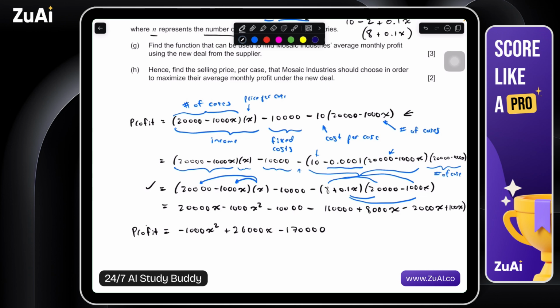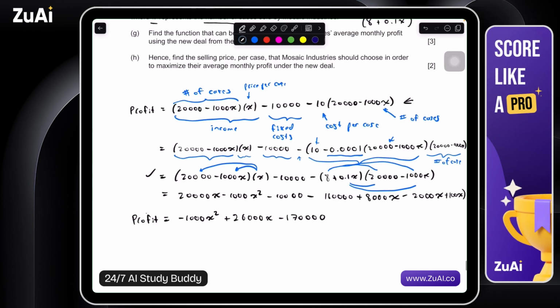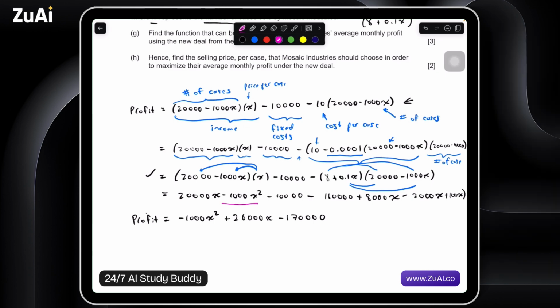I see. Okay, so it looks like something went wrong in the addition. So let's go back to the document. We had negative 1,000x squared. And okay, kind of tricky. When we multiply 0.1x by negative 1,000, it comes to negative 100x squared.